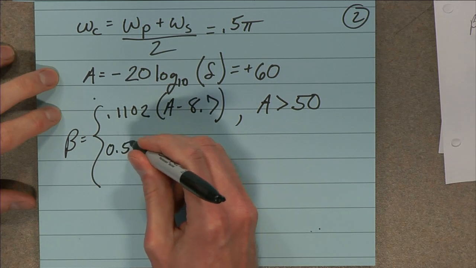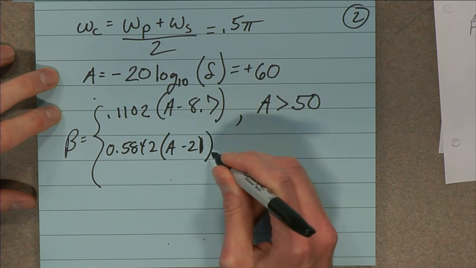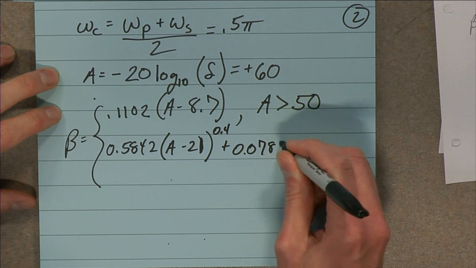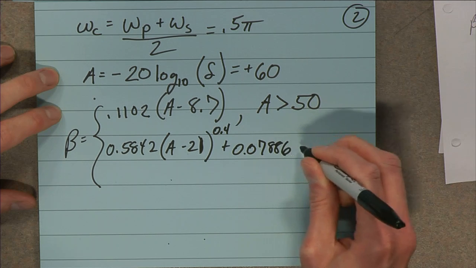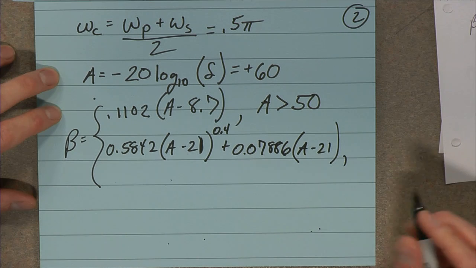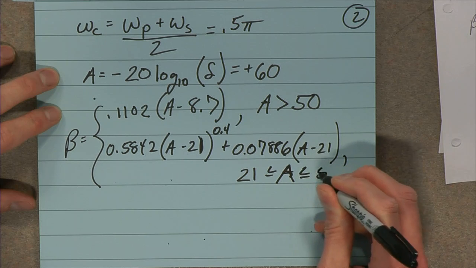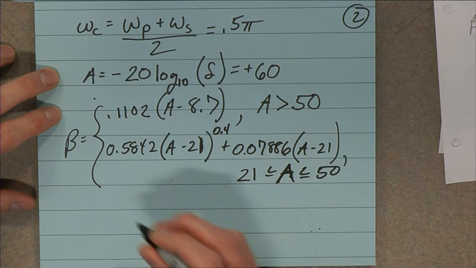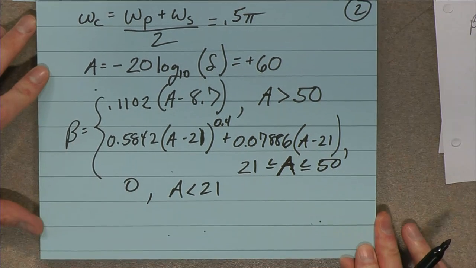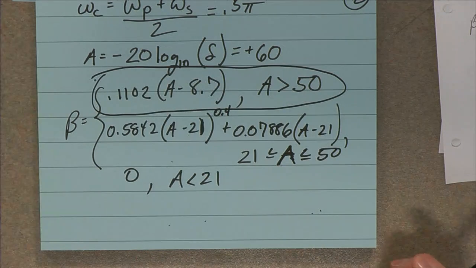It was 0.5842 times (A minus 21) to the 0.4, plus 0.07886 times (A minus 21), for the case of A between 21 and 50. And it was 0 if A was less than 21. So it's kind of a bizarre curve fit result, but for us in this example, A is 60, so we need to use the first formula.